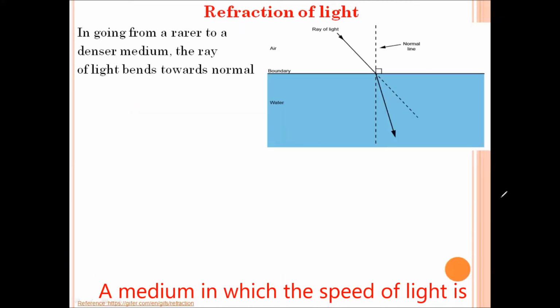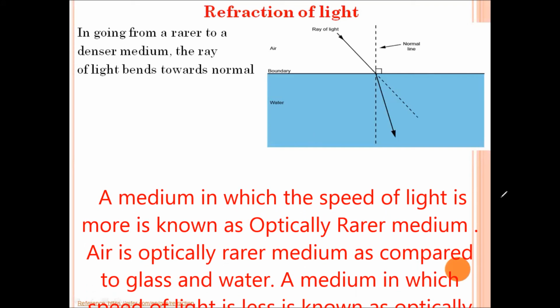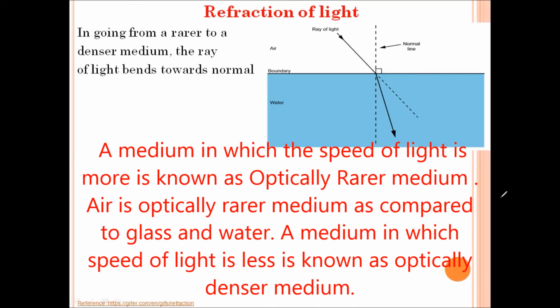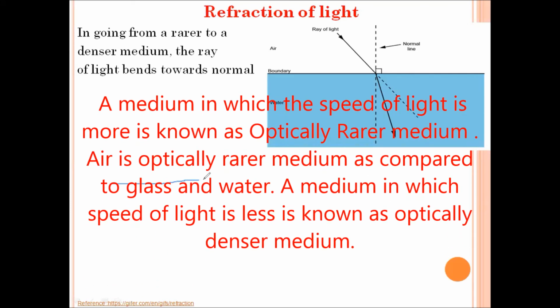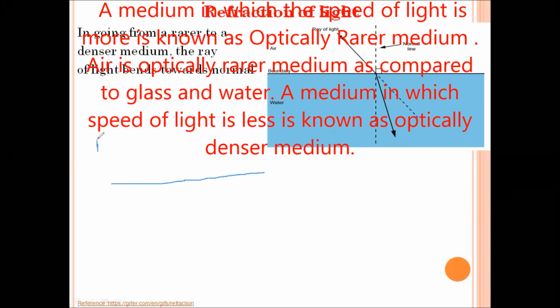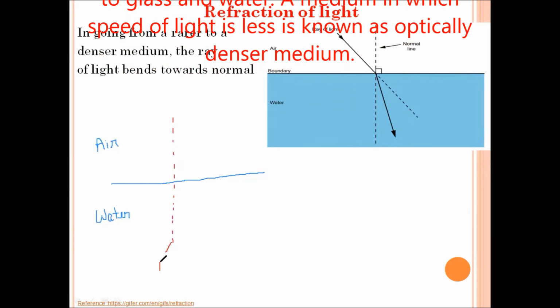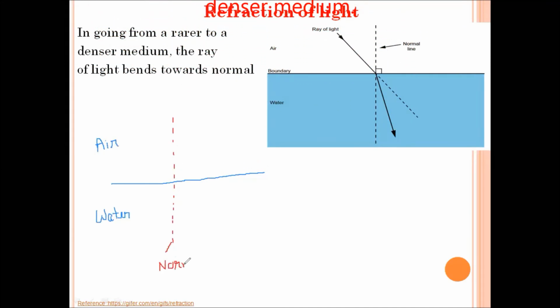It has been observed that when a ray of light passes from a rarer to a denser medium, then it bends towards the normal. Suppose I draw a line that is separating two media, let this medium be air and this medium be water. The dotted line is called the normal.